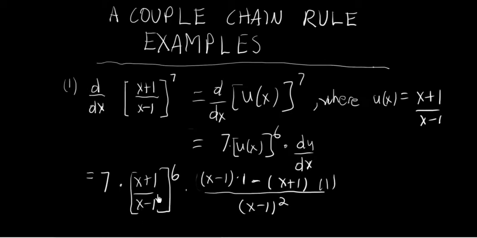This is just because we have x minus 1 in the denominator, so the quotient rule tells us that the derivative of a quotient is the denominator times the derivative with respect to x of the numerator minus the numerator times the derivative with respect to x of the denominator, all divided by the denominator squared.